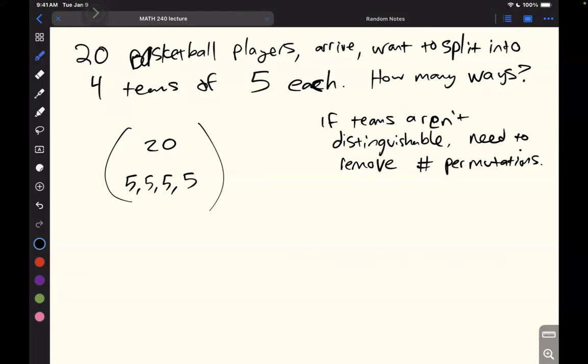And so if that's the case, what do we divide by? How many ways are there to distinguish the teams? 4, because there's 4 teams. So it would be 1 over 4 factorial, which is 24.